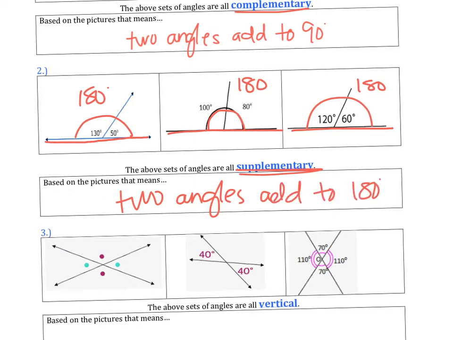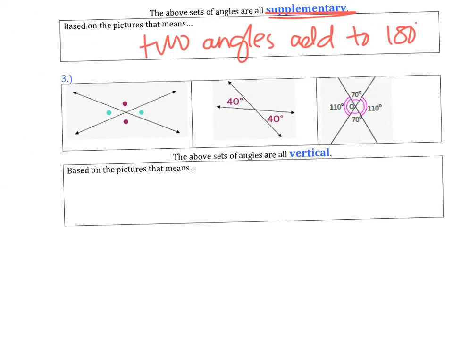Okay, the last type of angle we're going to talk about is a vertical angle. This is a little different because vertical angles are across from each other. So when I see the purple dot, it's on the bottom too. So I know that the top dot and the bottom dot are equal. Just like these angles here, 40 and 40, they're across from each other.